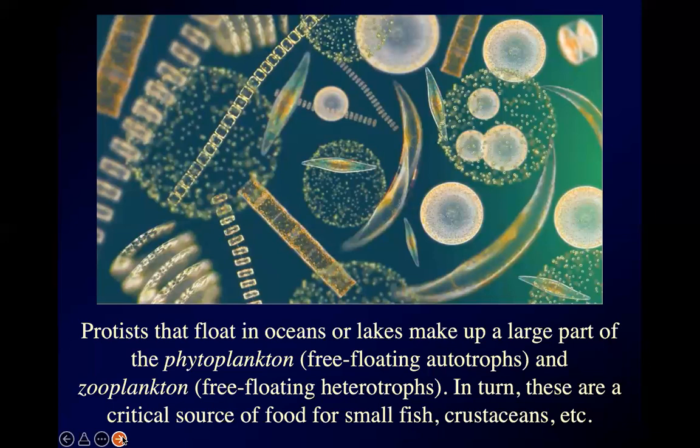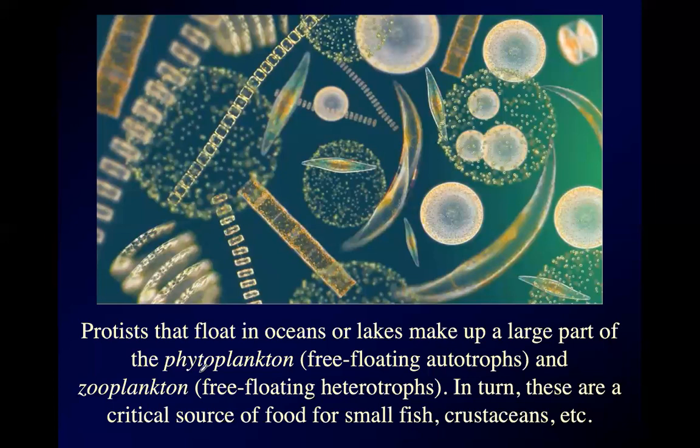Plankton refers to any living thing that floats in the water but can't swim, or at least can't swim well enough that it's free from the influence of currents. Plankton goes where the currents go. And phyto is a root we use for plant.